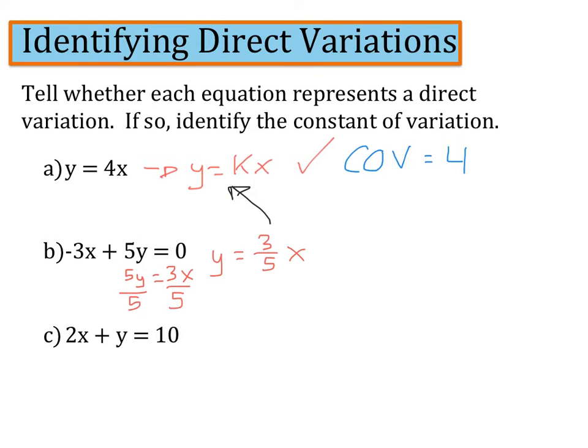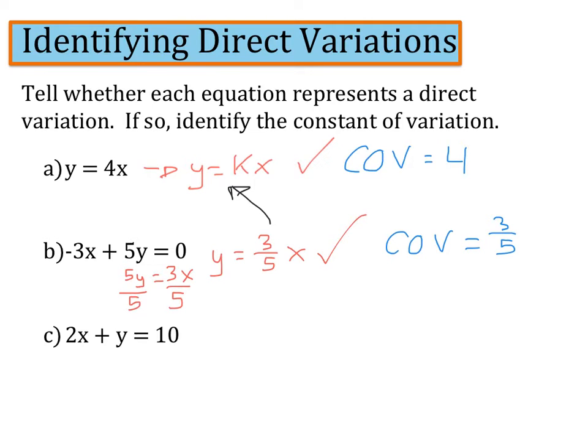So this is also a direct variation with a constant of variation of 3/5. So be careful not to judge it on the surface. Always try to isolate y, and that will tell you if it can be a direct variation.